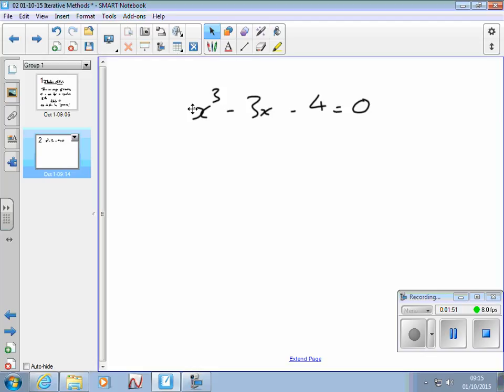What could we do? We're trying to find the value of x so that x cubed minus 3x minus 4 equals 0. So what would you do, Carol? I said to you, try and find out what that value of x is. What might you do?